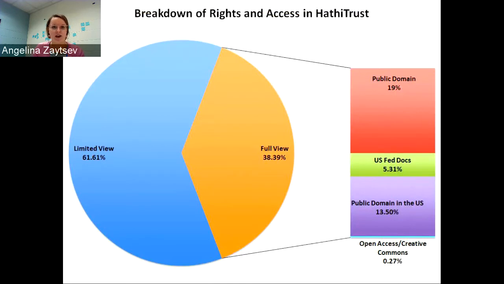I want to define these terms, limited view and full view. When a book is labeled as limited search only in our collection, that typically means that you can search within that book, but you can't see the pages of the actual book. And full view means that you can search within the book and also see the pages.